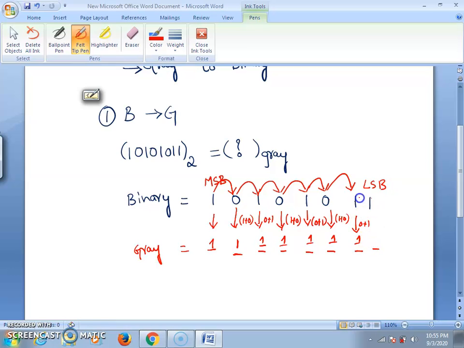For the last bit, I add these two bits together, that is 1 plus 1. 1 plus 1 is equal to 0 with carry of 1, so this carry is neglected. We have to consider only the sum here. Carry is neglected.